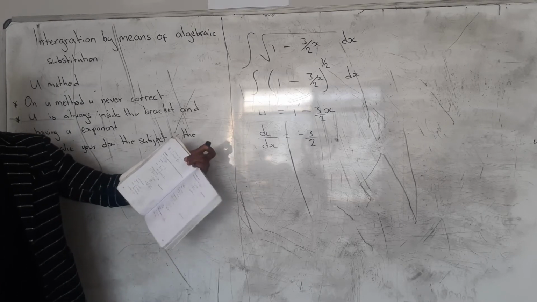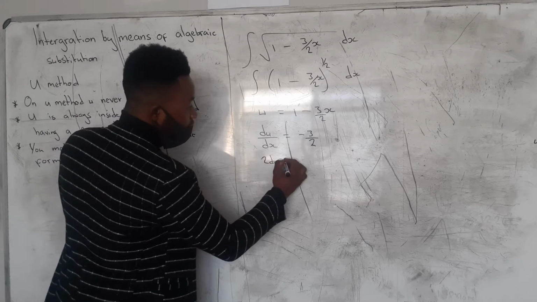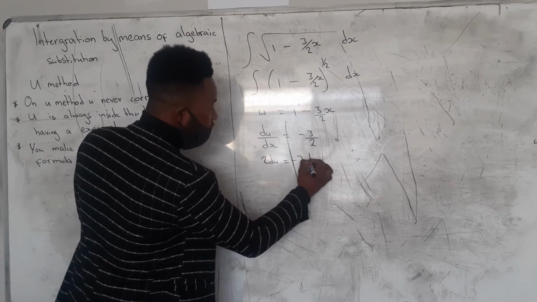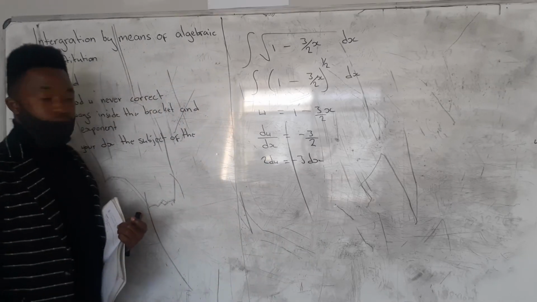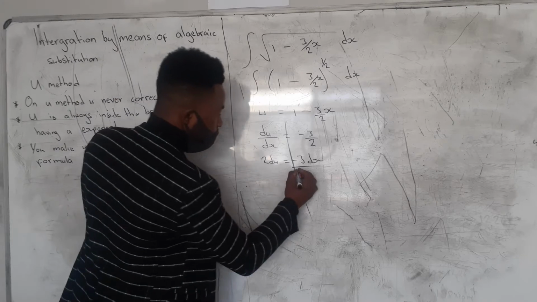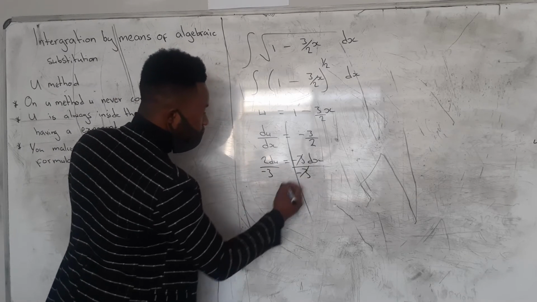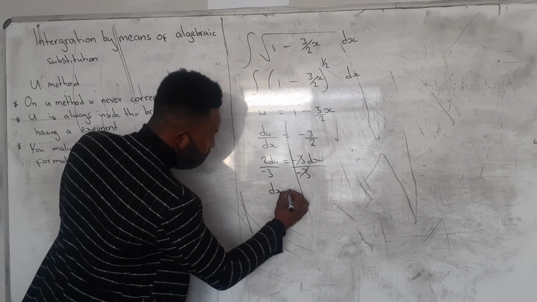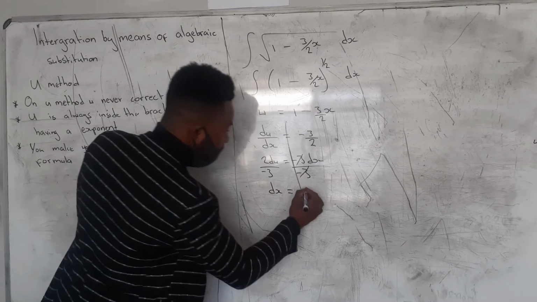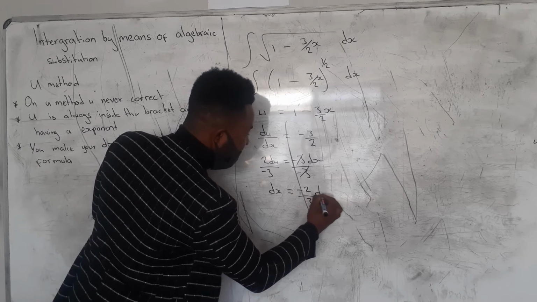I can cross multiply here. This will be 2 du is equal to negative 3 dx. Then I divide by negative 3. This cancels this one, and I have dx is equal to negative 2 over 3 du.